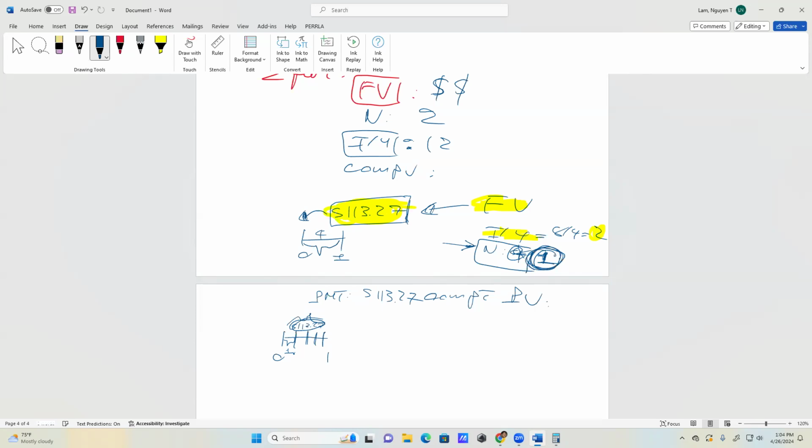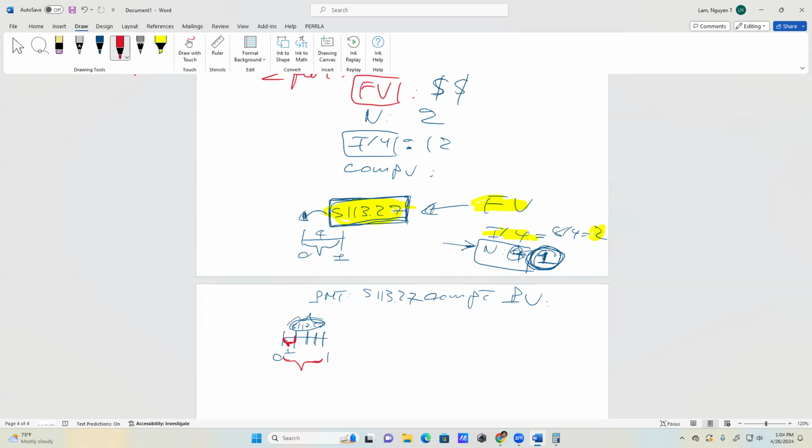So you're going to put 1 for the N. The reason is that you know the 5113 payment is quarterly already, and since it's quarterly already, there's just going to be 1 period to discount, because the payment is already quarterly. Does it make sense? So you think it's just like one payment? It should be 1 payment, yeah.